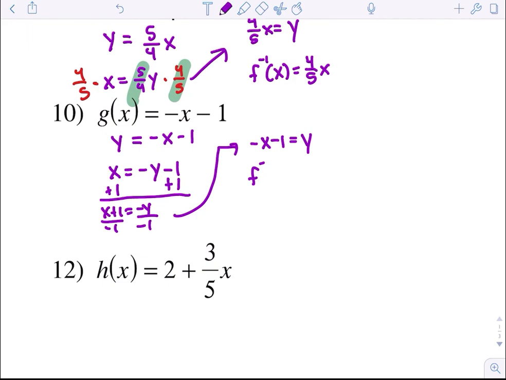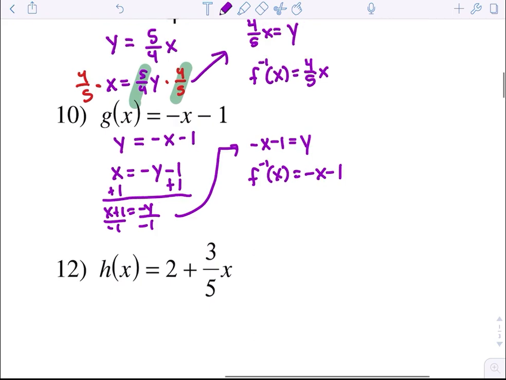Now change the y to be f inverse of x. Okay, number 12.